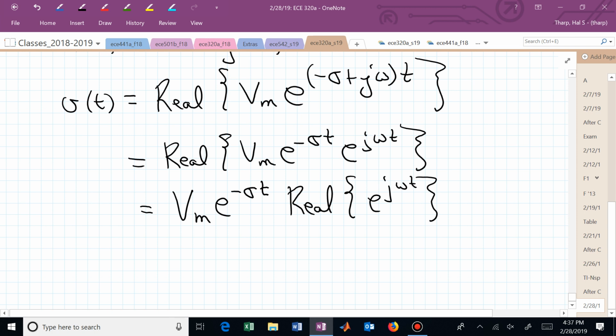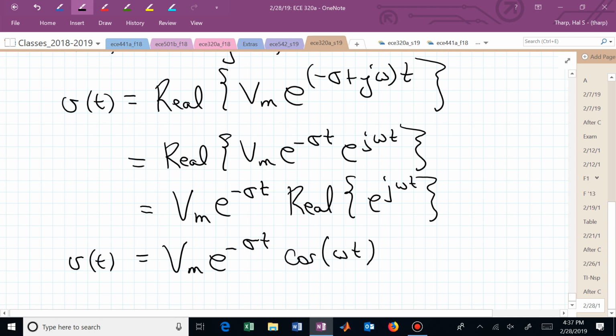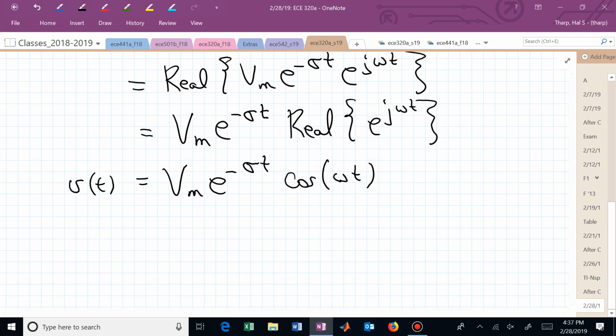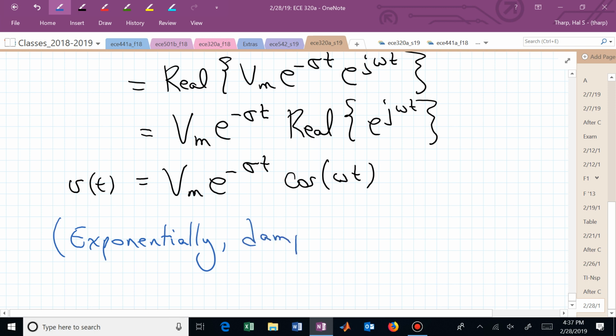That's the cosine of omega t. Or v of t now becomes v sub m e to the minus sigma t cosine omega t. And what is that? That's now an exponentially damped sinusoid.